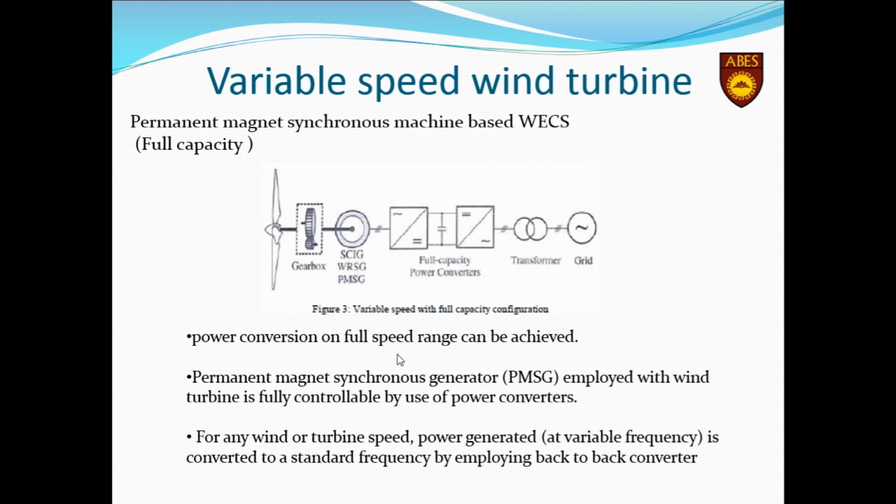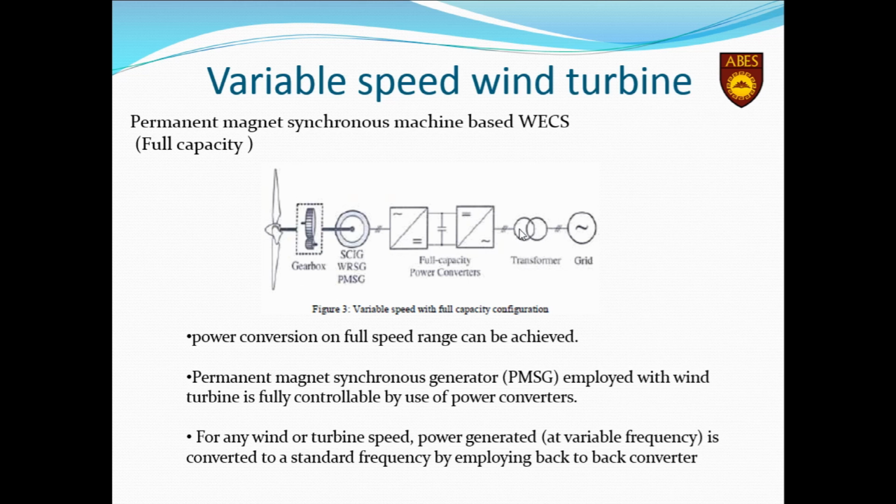The next one is the permanent magnet synchronous machine based WECS. In this particular configuration, you can see that this is the gearbox and it is connected to a permanent magnet synchronous generator. These are the back-to-back converters which are connected at the stator, and the full electrical power is controlled by these two back-to-back converters and then fed to the transformer and then to the grid.